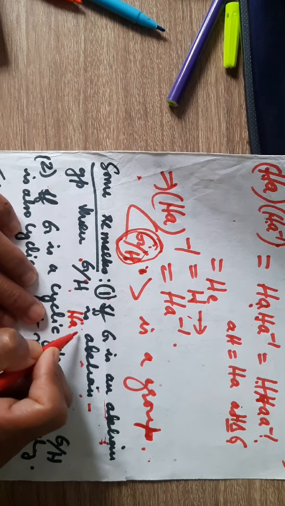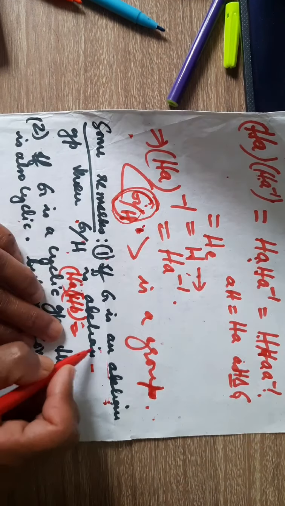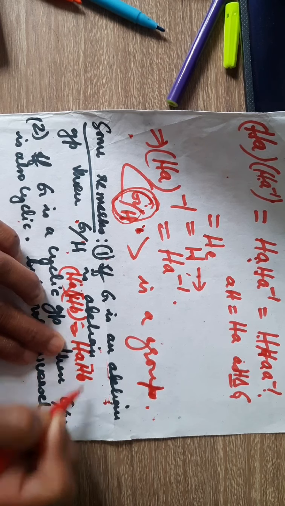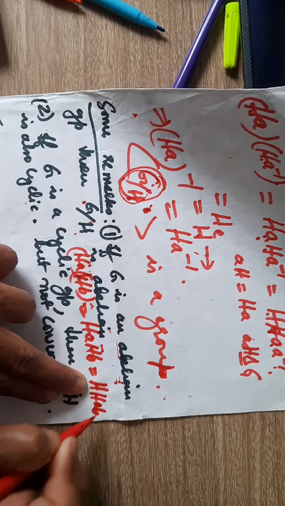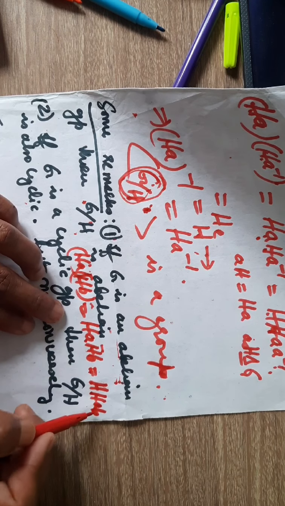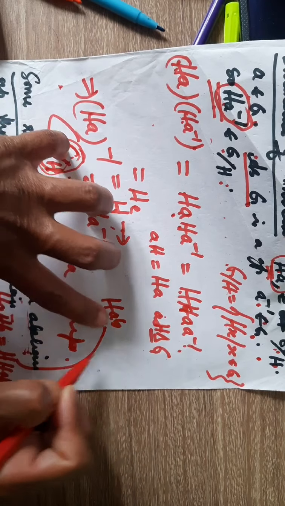For example, Ha into Hb will be the same as Hb into Ha. So it will be Ha Hb, which will be the same as HH ab, because aH can be replaced by Ha. And what is this? It will be Hab. And what is Hab?